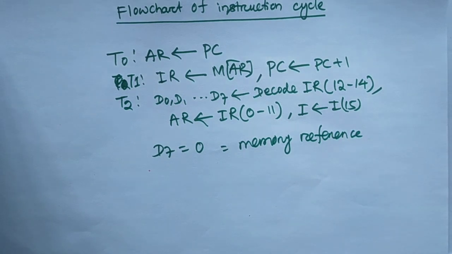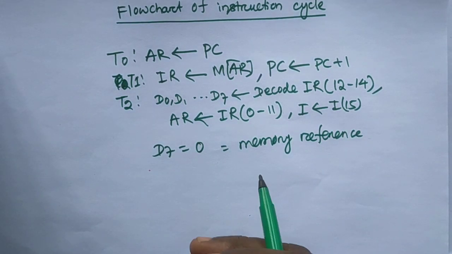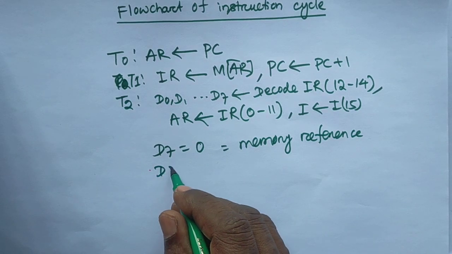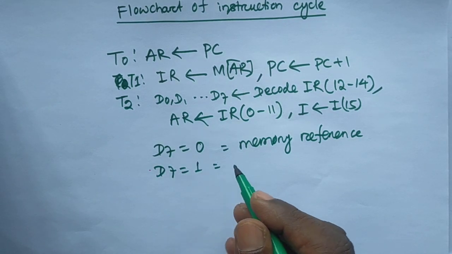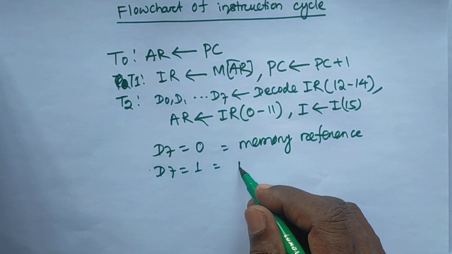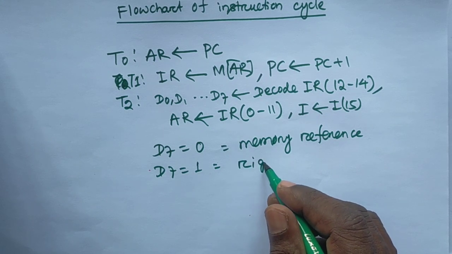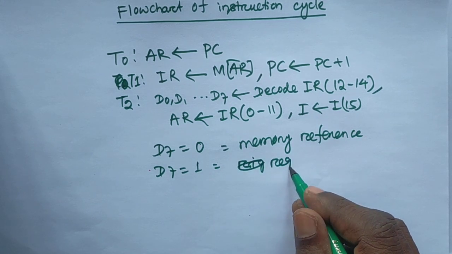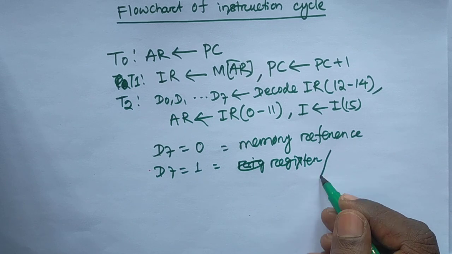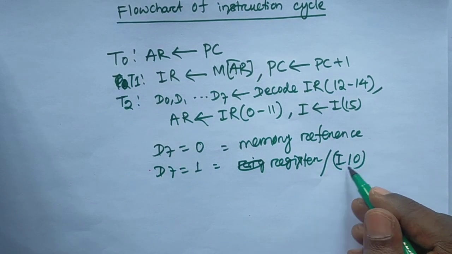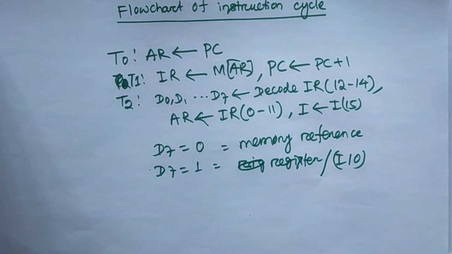In this way, we can create that particular flow chart. Now, if D7 is equal to 1, then what happens? It uses either a register reference or an input output reference.